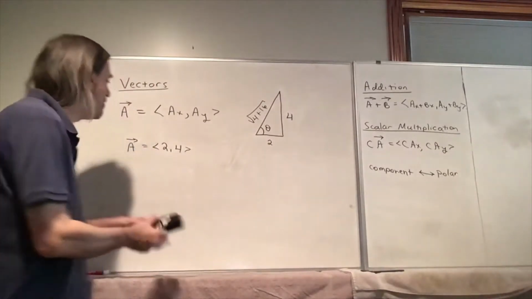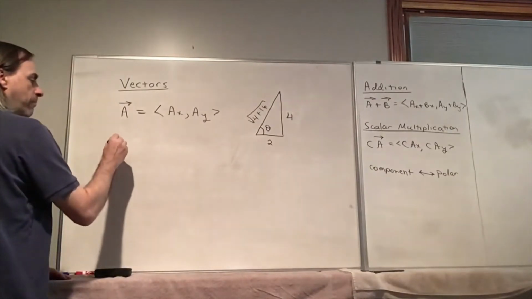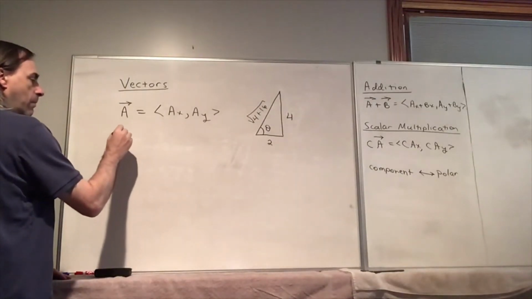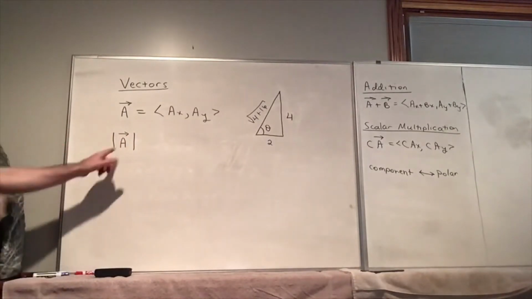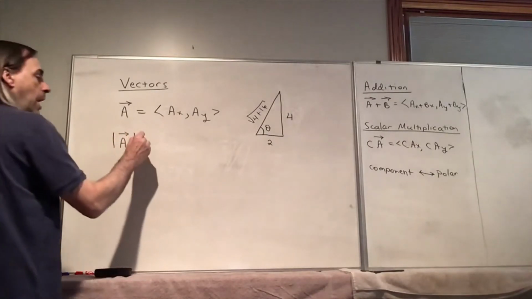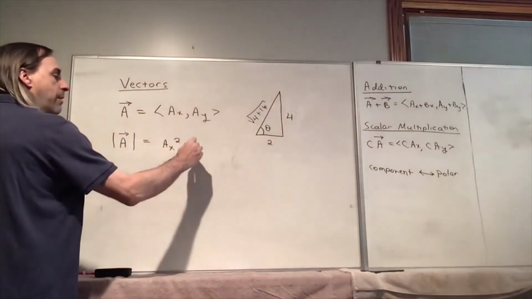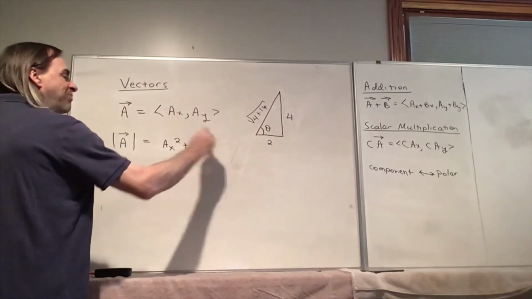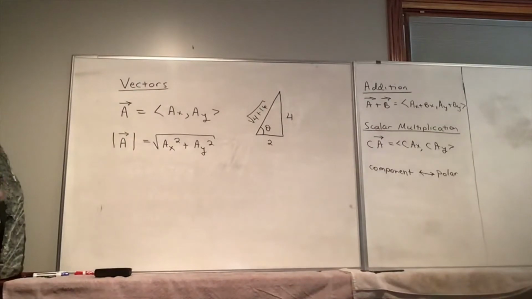So to find the magnitude of this vector A, I'm going to use a different notation for magnitude. This is also used for magnitude, like absolute value signs around it. What you do is you do Ax squared, you square the components, add them up, and take the square root. So basically, Pythagorean Theorem.